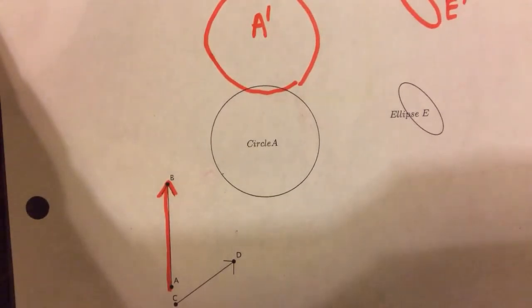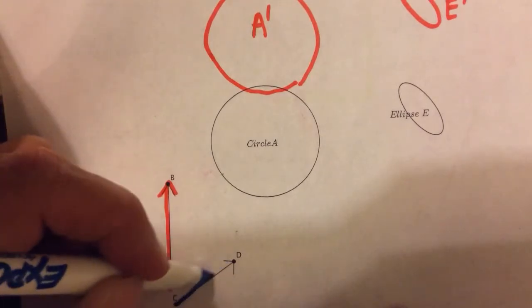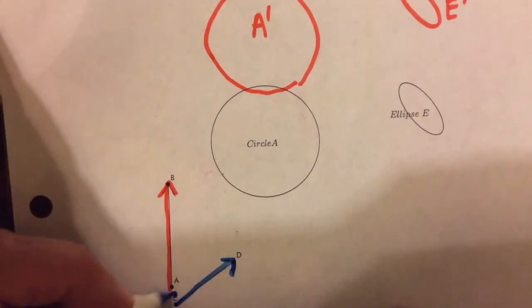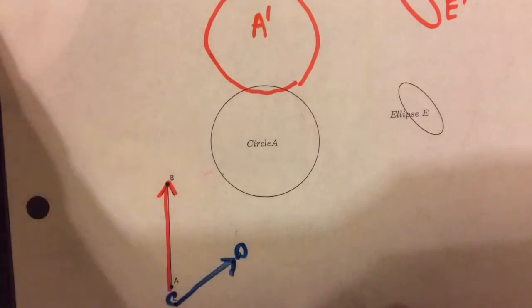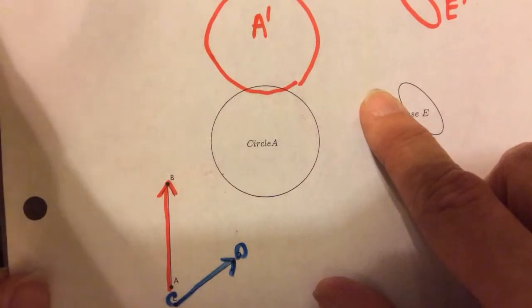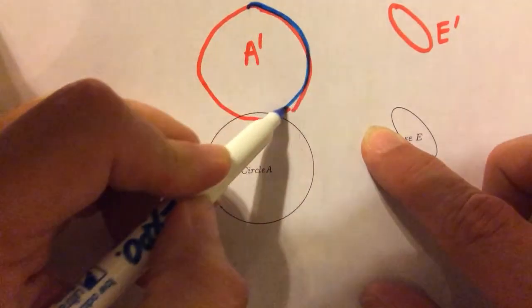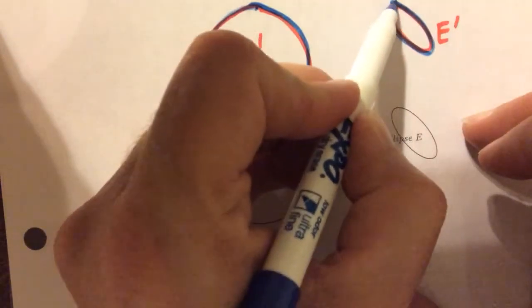All right, so we got a clean overhead sheet again. We're going to trace out vector CD, and this time we're going to translate A prime. So it's this circle and this ellipse.